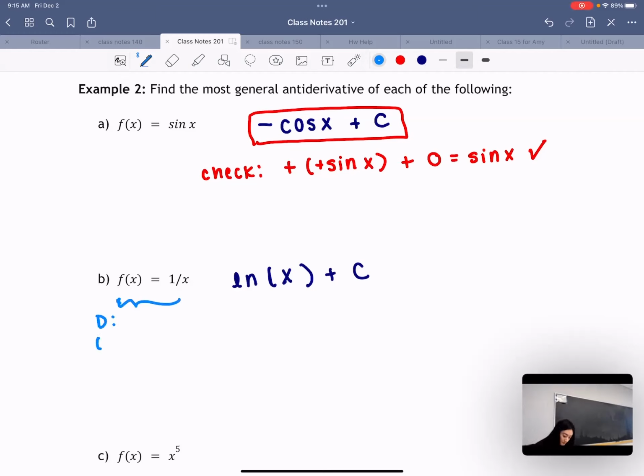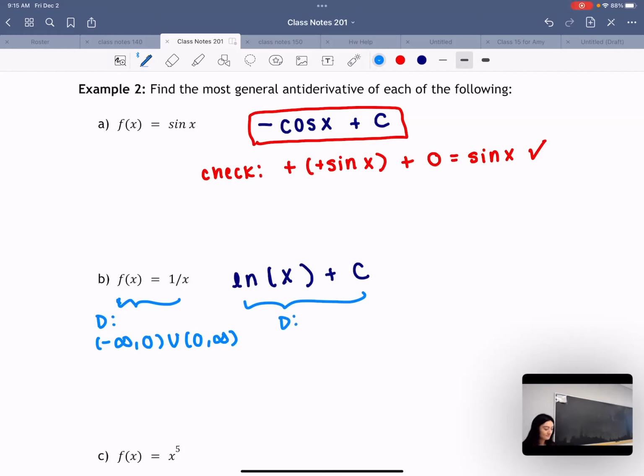Negative infinity to 0, and then from 0 to infinity. Perfect. Basically, we can't have 0 there, right? So 0 cannot be in the domain of 1 over x. All right, let's talk about ln of x plus c. What x values can I plug into ln of x?